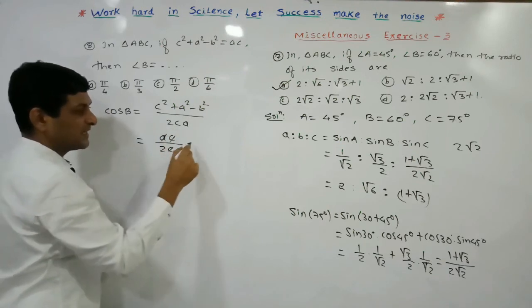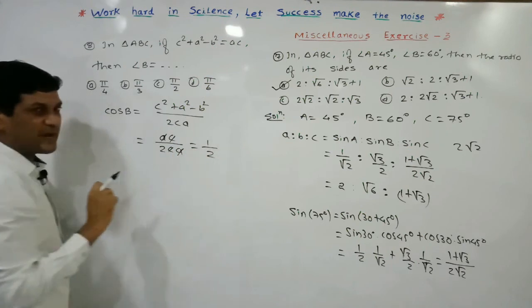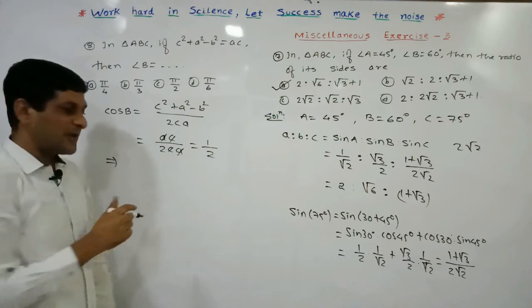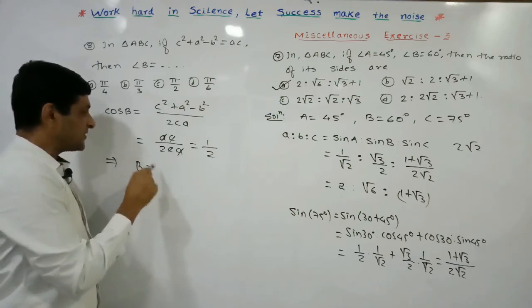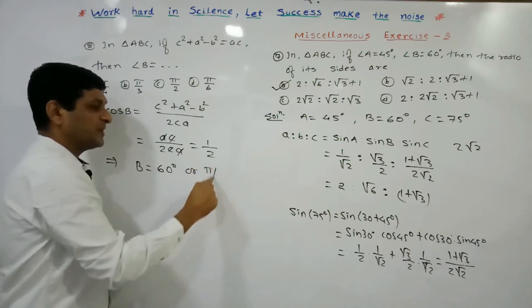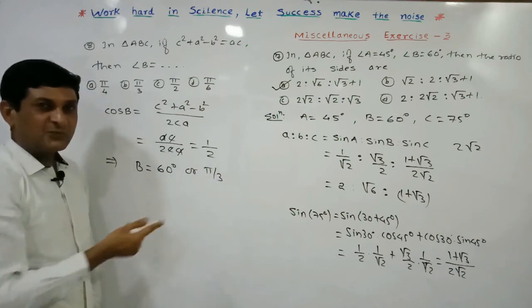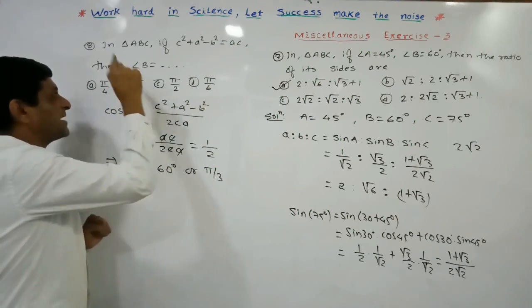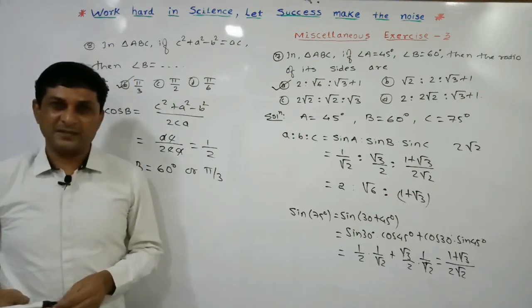A and C will get cancelled. What is the remaining term? 1 by 2. And we know that if the value of cos B is equal to 1 by 2, then definitely B will be equal to what? 60 degrees. 60 degrees can also be written as pi by 3. In this way we have got our required angle, angle B. So pi by 3 is our correct answer.